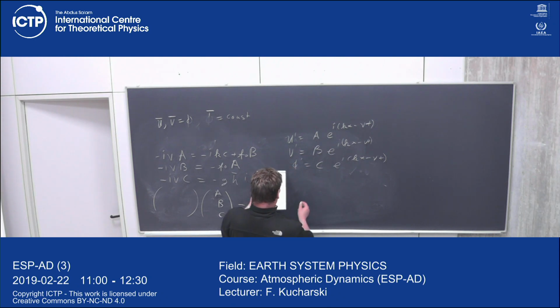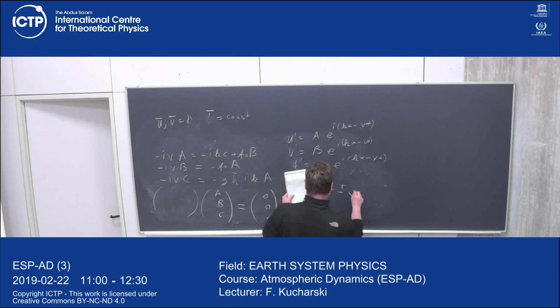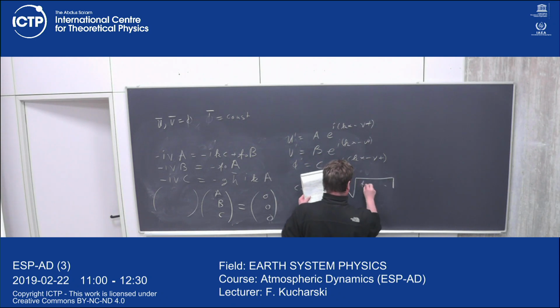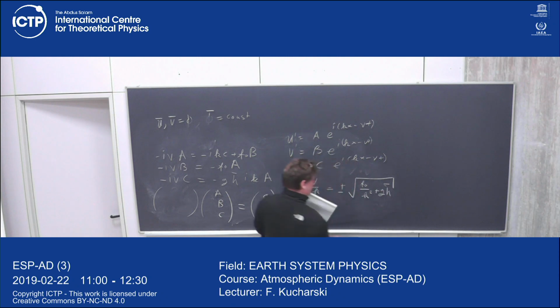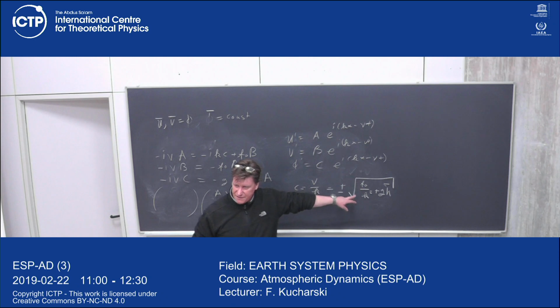The final outcome would be that the phase velocity nu over k, or phase velocity c, equals plus or minus the square root of f naught over k squared plus g times the mean height of our system. So if we ignore the Coriolis effect here, then what are these waves?